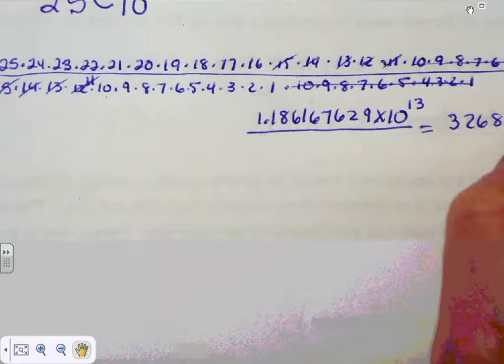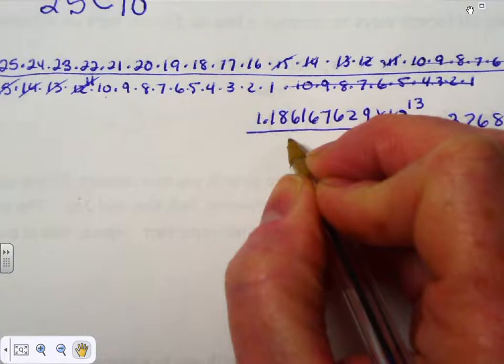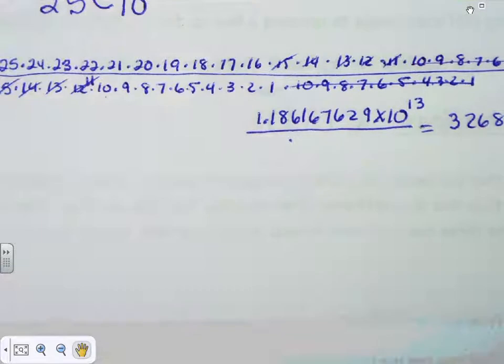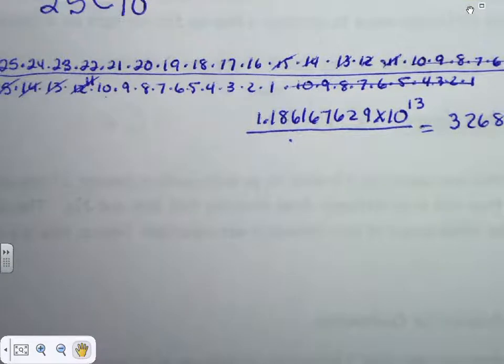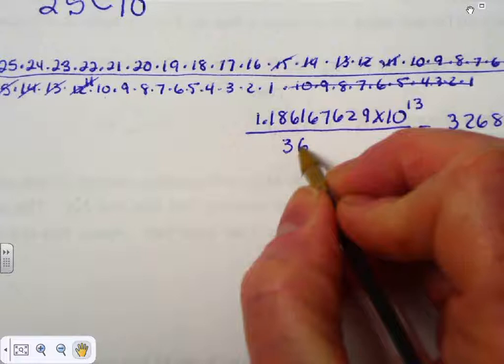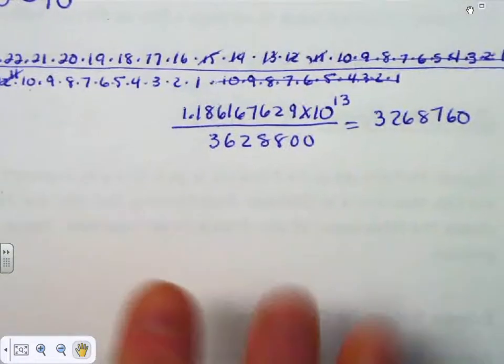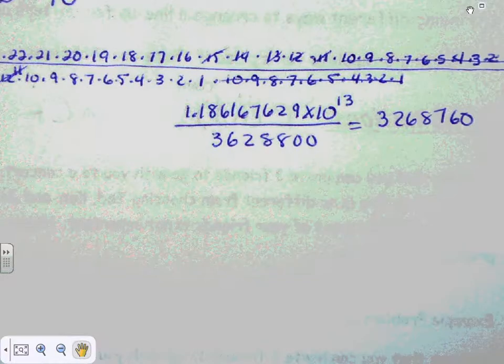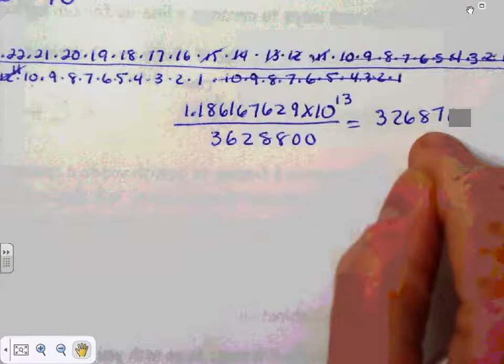What was this number? 30, what? Holy moly Batman. 3628800, right? And there's your answer. No, that is simplified. There's nothing else to do to it.